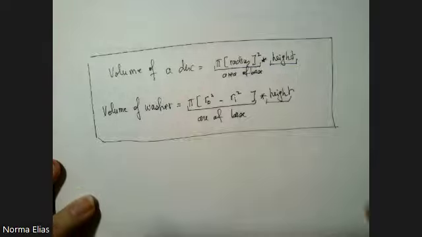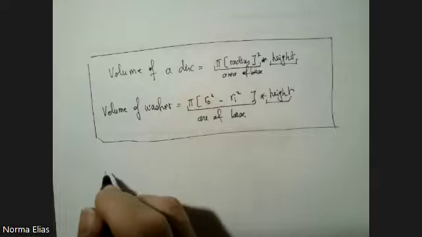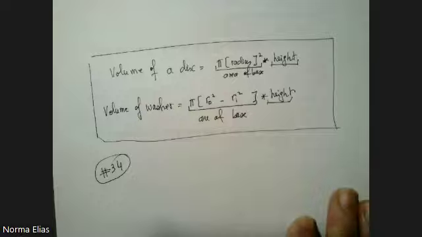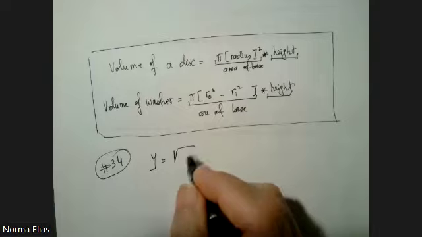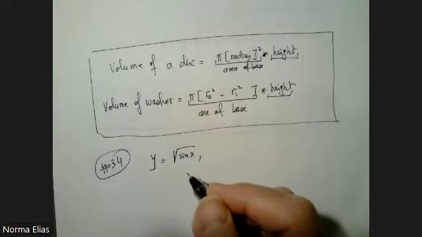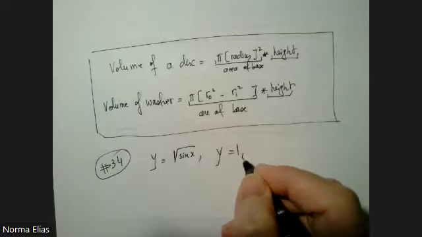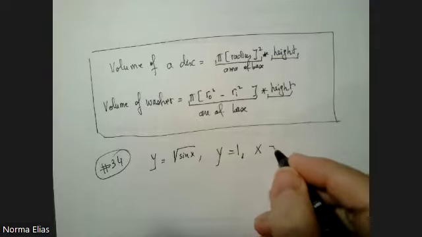So I start with number 34. I have to read it. Right. So the question is number 34. Okay, so we have the graph of y equal the square root of sine x, y equal 1, x equal to 0.